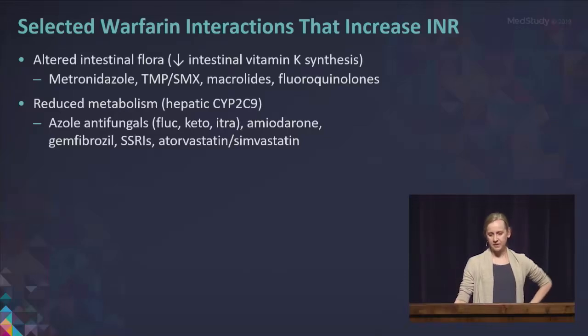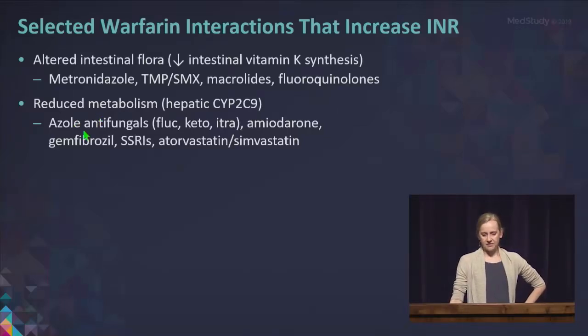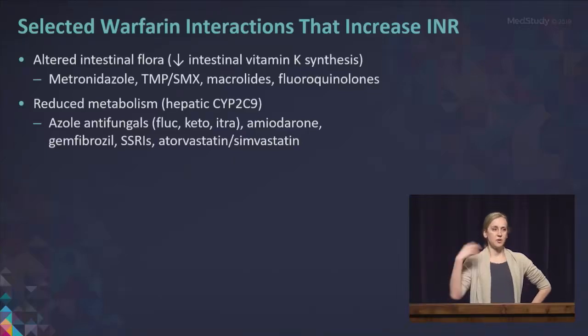So to that point, here we have a bunch of inhibitors, right? The azole antifungals, amiodarone, a cardiac med, gemfibrozil, a cardiac med, SSRI, a psychiatric med, atorvastatin and simvastatin, cardiac medicines, right? And so since all of them are inhibitors, we don't metabolize our warfarin as well, and our INR goes up.